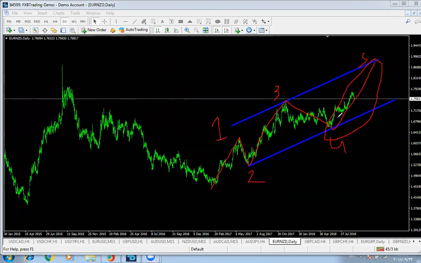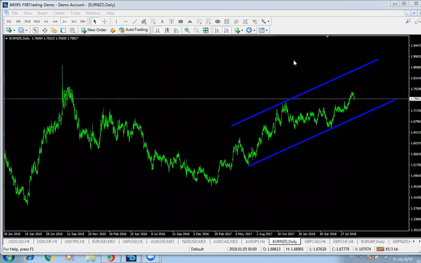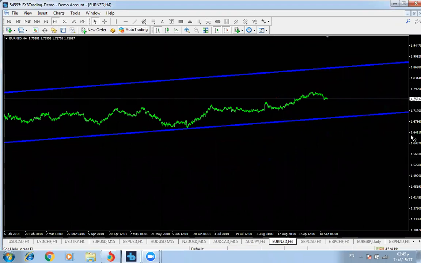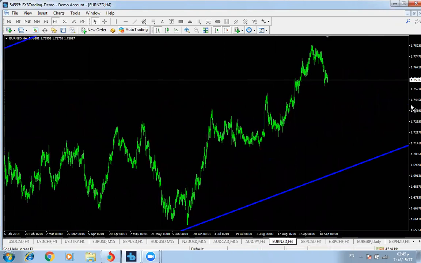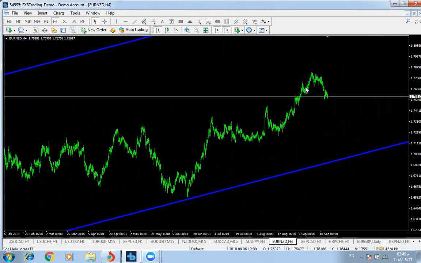We have to go to smaller time frames to see exactly what is happening there. Okay, we will keep the channel. This is our wave 5. We will draw another channel for this price, and as we see, the price is moving within this channel.